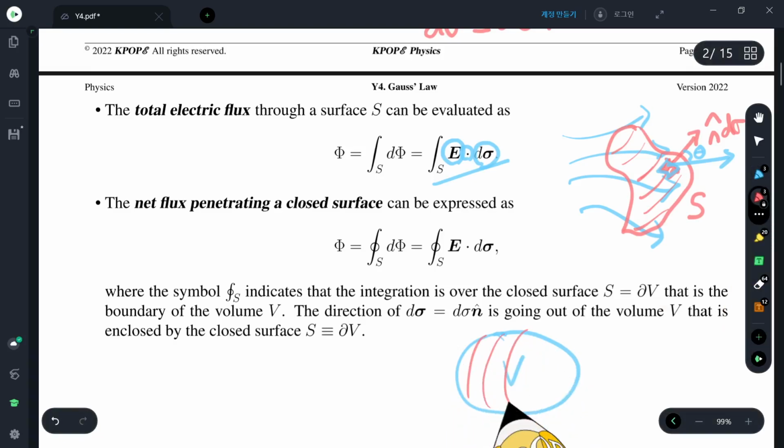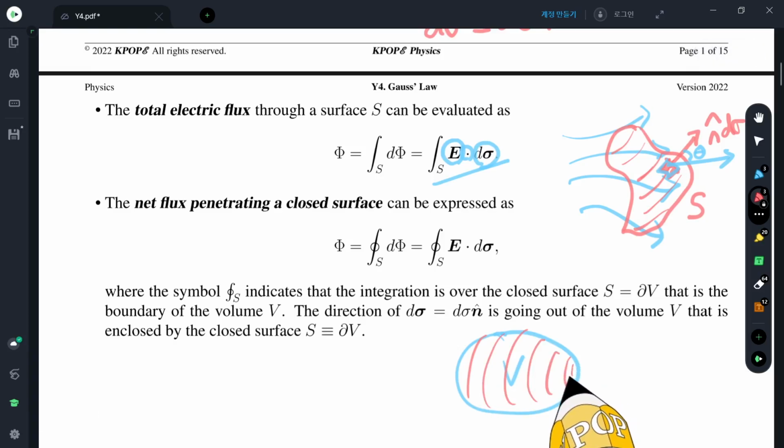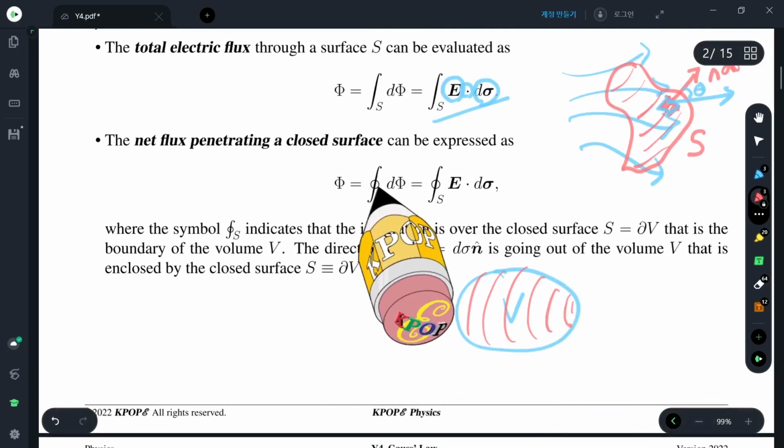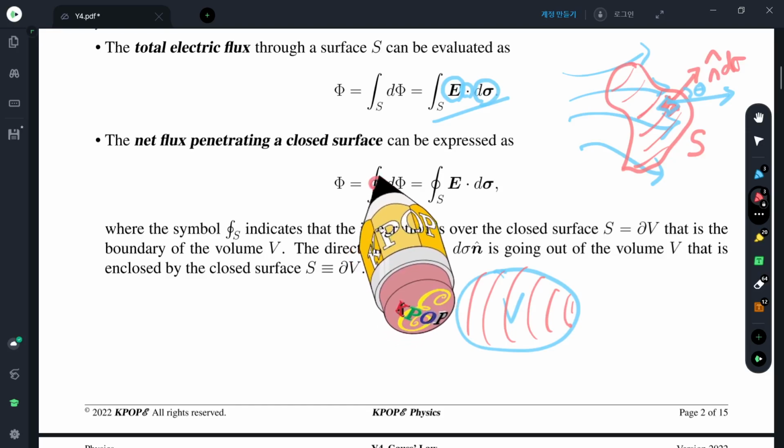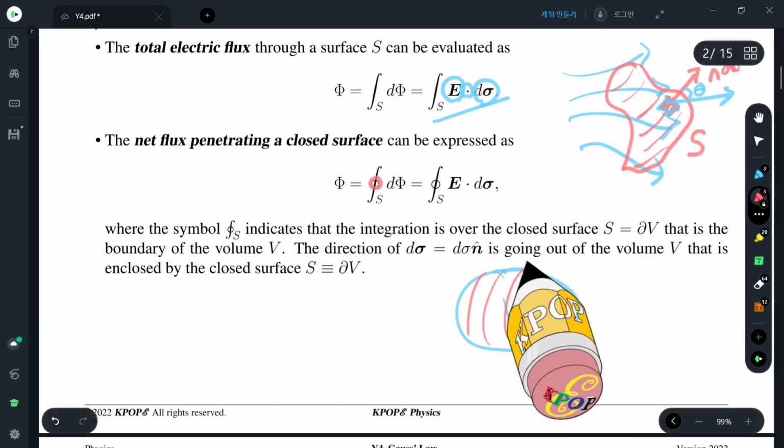Then the boundary of this volume is a closed surface. For example, a spherical surface is a closed surface enclosing a ball. So we denote the integral over the closed surface by putting a circle on the integral sign.